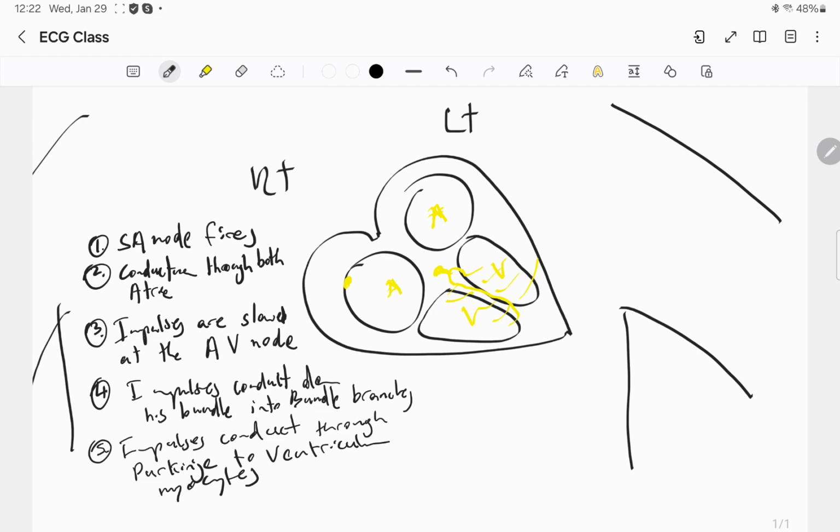Okay, so that is the normal pathway of conduction, right?